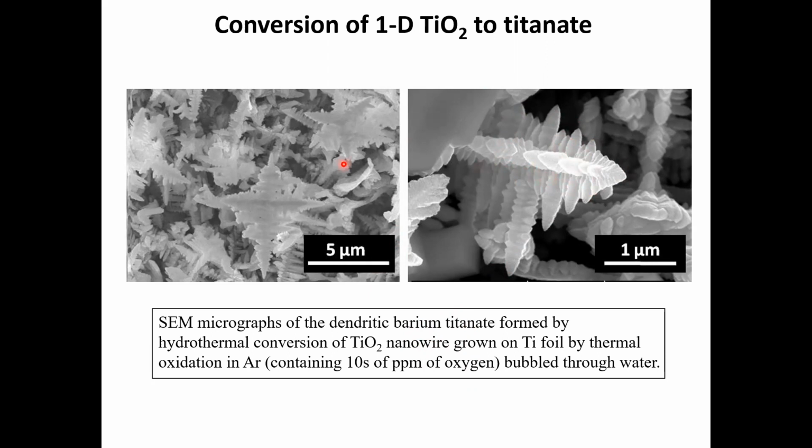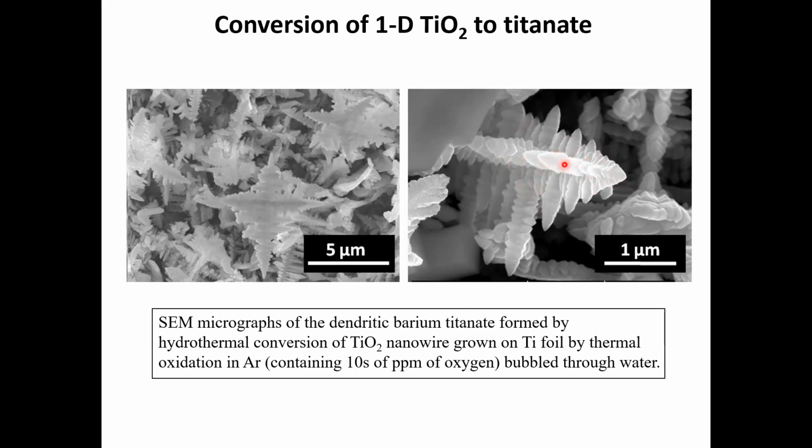So we are basically converting the TiO2 into barium titanate in the hydrothermal environment, making barium titanate, which is a ferroelectric. So you can see that this dendritic barium titanate has this four-fold symmetry, and it's an interesting structure.